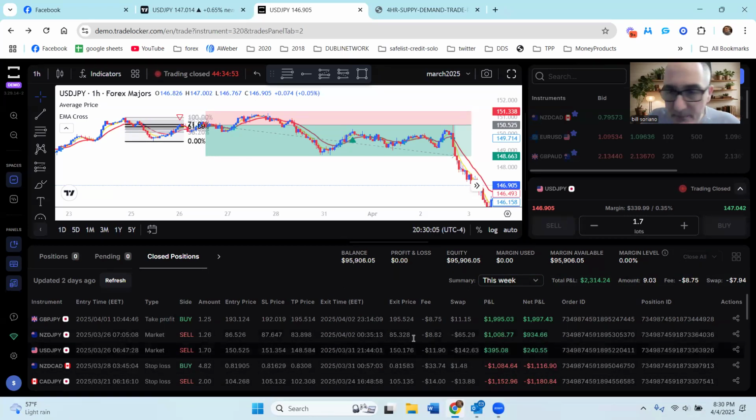We got a 1% profit about in NZDJPY. And then we got a full 2% profit in GBPJPY. So that's our total profit for the week. Okay. 3 winning trades, 1 losing trade, but we did get out of 2 of our 3 winning trades too early. Had we stayed in them, they would have both went to full goals, full take profit.